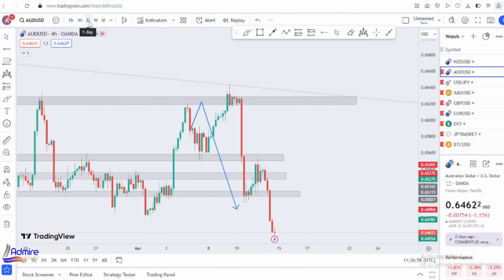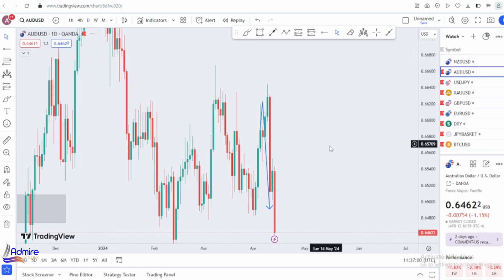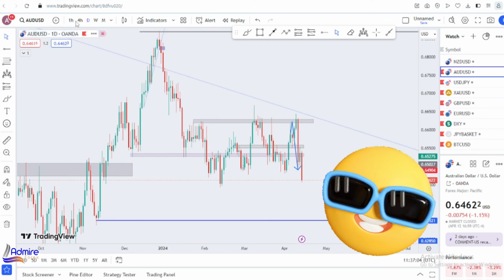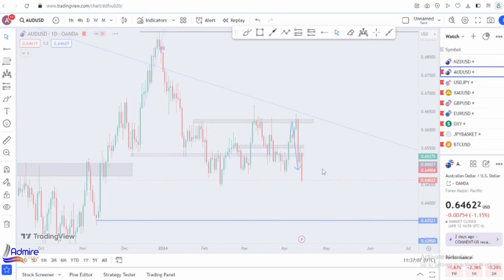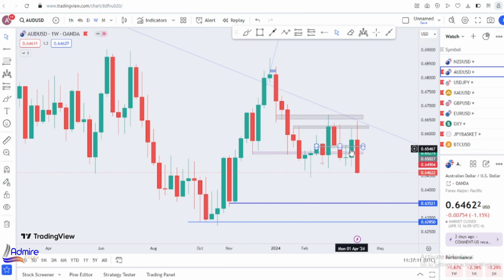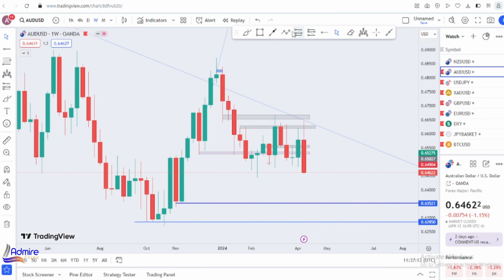But okay, welcome back, guys. I hope you saw how we predicted AUD USD with precision. For this week, not taking much of your time, we are going to look at the next level. I'm going to mark out a level in which we are looking for price to continue.